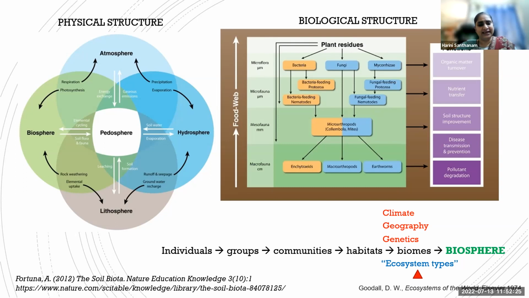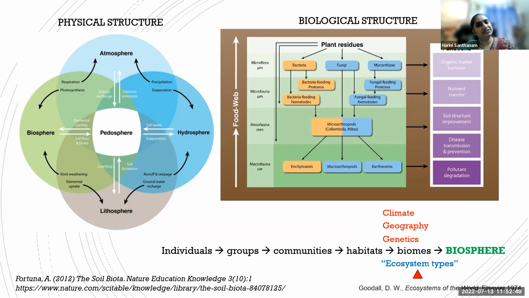So if we see now, a pedosphere, which is part of the biosphere, actually takes part in certain pathways. The first pathway, as we saw, is the food web. Another important pathway you can see on a geological scale is the rock weathering, or the elemental uptake from this rock weathering.